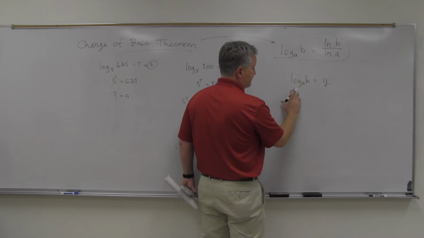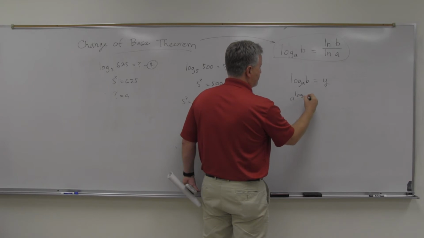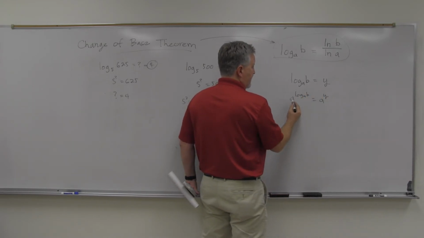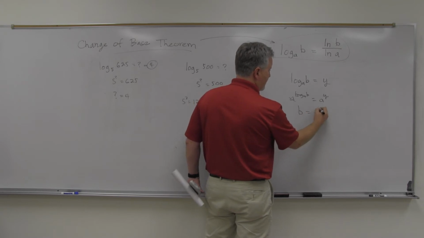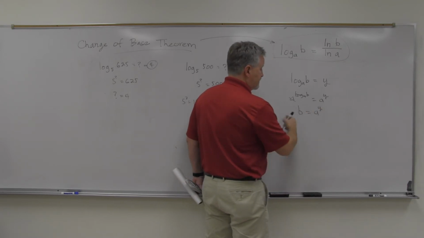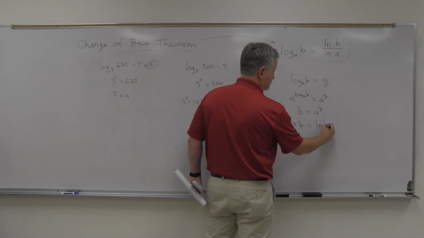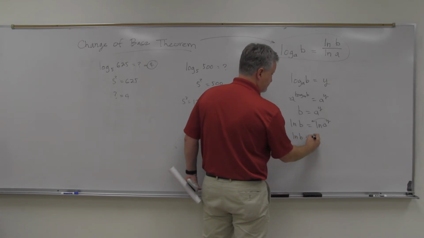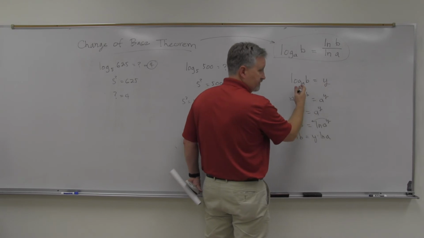So if I exponentiate both sides, A to that equals A to that, using the cancellation property, that gets me B equals A to Y. Then take ln of both sides, and that Y pops out. And so Y is the value I'm looking for.